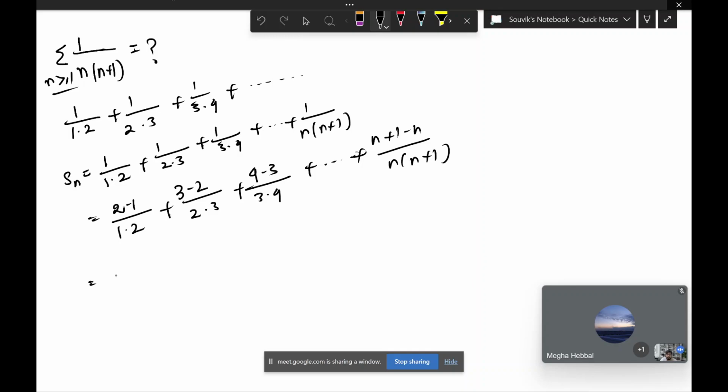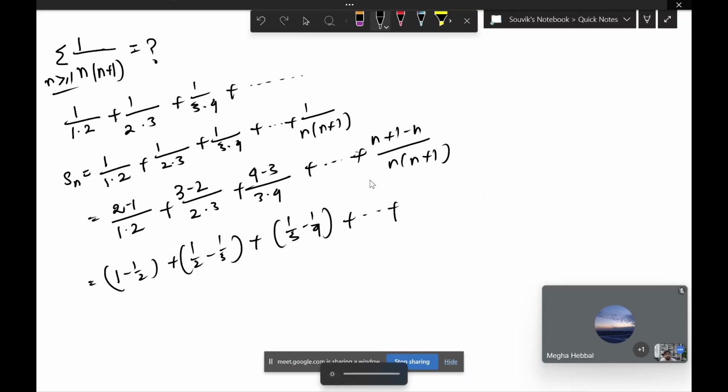So this can be written as 1 minus half plus half minus 1/3 plus 1/3 minus 1/4 plus dot dot dot plus 1 by n minus 1 by n plus 1.